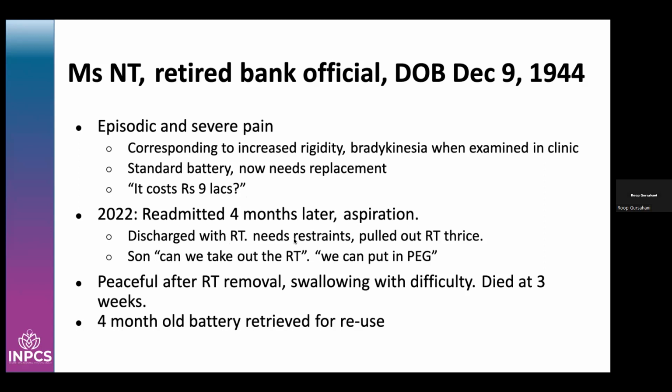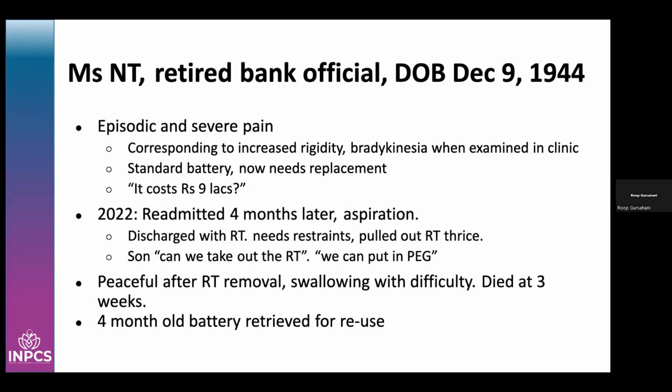And she had major problems. She needed to be restrained, kept pulling out the Ryles tube. And then we had a fairly difficult conversation about how to manage at this point. Eventually, our palliative care physician was also involved, and the family had also begun to accept this.